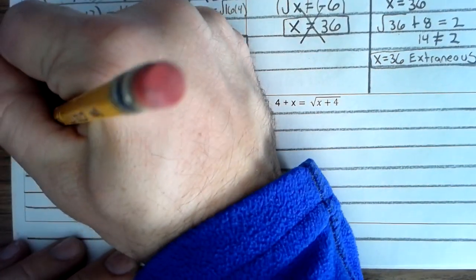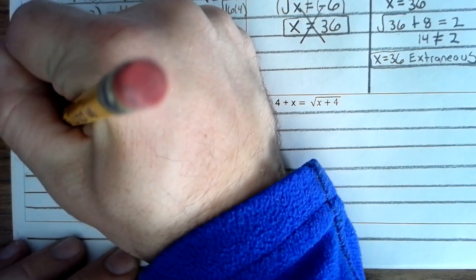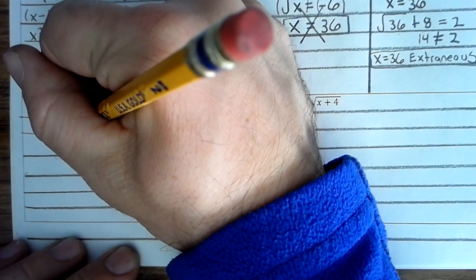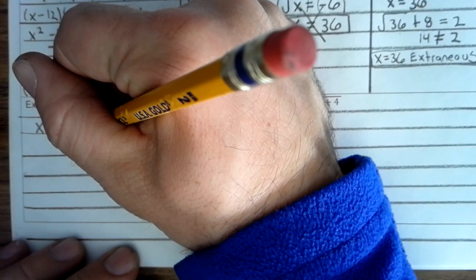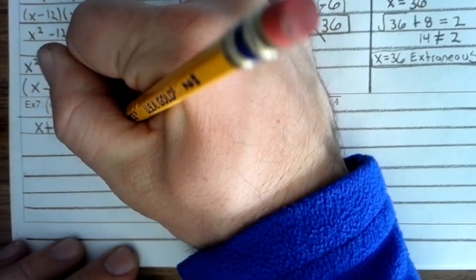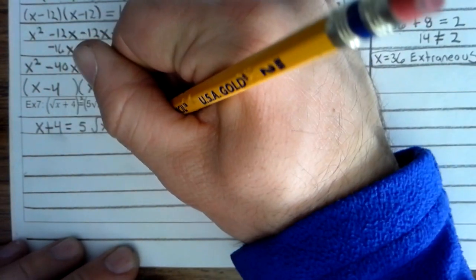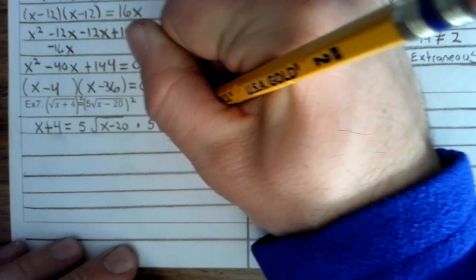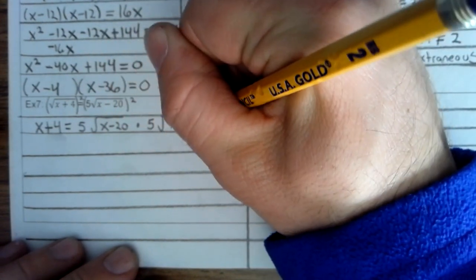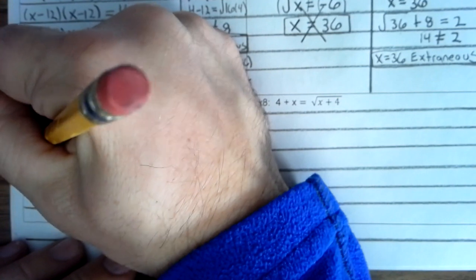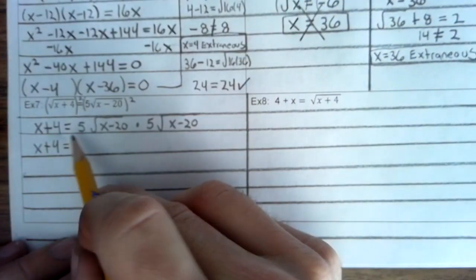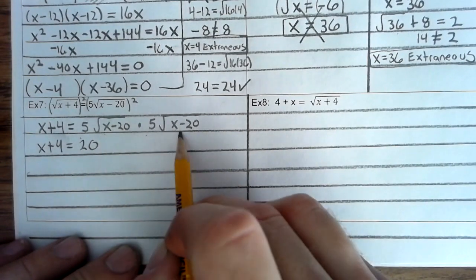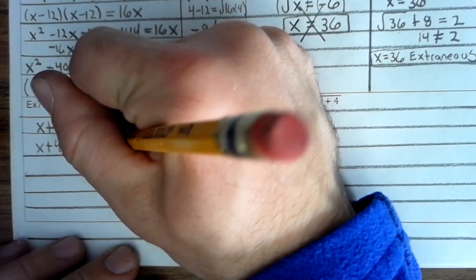That's x plus 4 equals, this becomes 5 square roots of x minus 20 times 5 square roots of x minus 20. So that's x plus 4. 5 times 5 is 20. Square root of x minus 20 times square root of x minus 20 is just x minus 20.